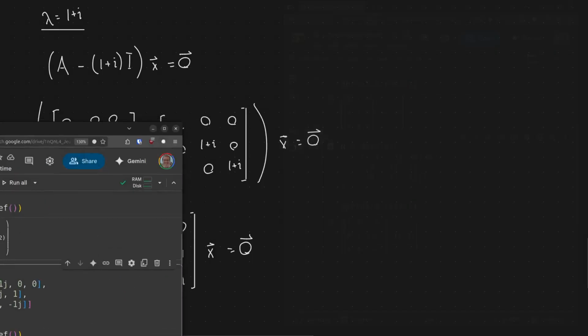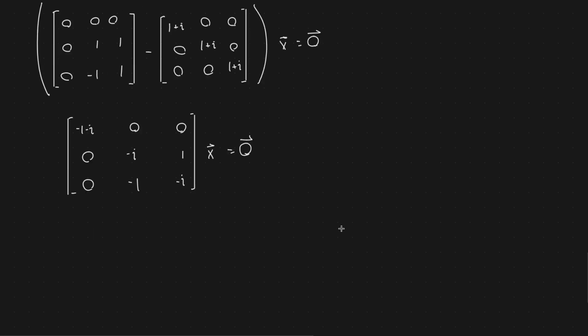Let's write that out. We have 1, 0, 0, 0, 1, the imaginary number I, 0, 0, 0.